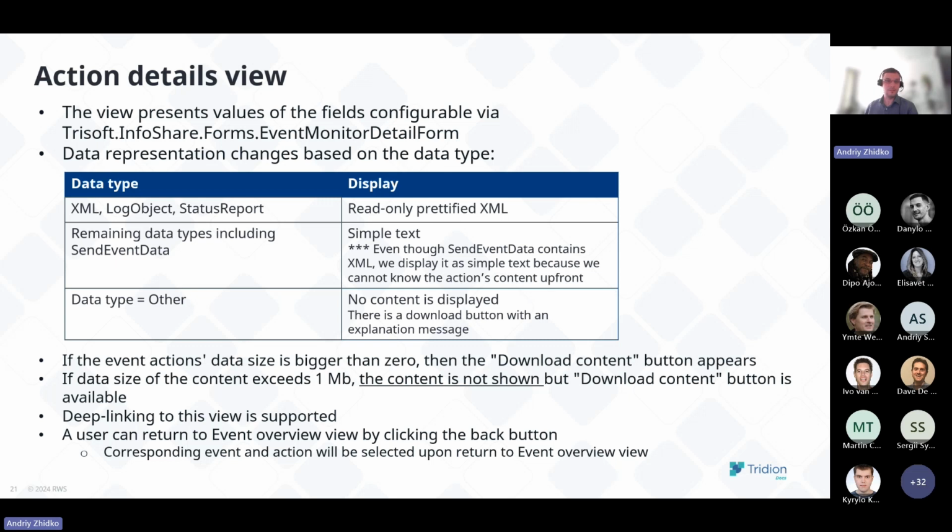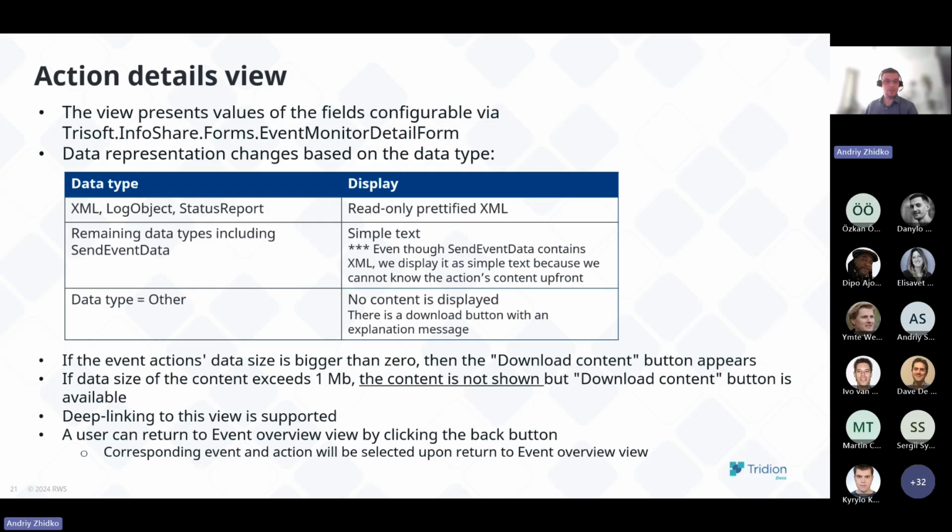That's why we are displaying it as simple text. If it's another data type, then the content is not displayed, and there is a download button with a message that explains you can download that information and view it if you need.